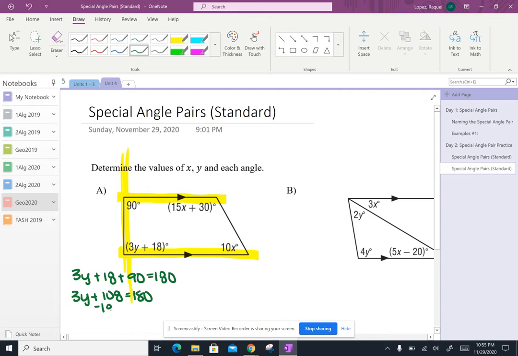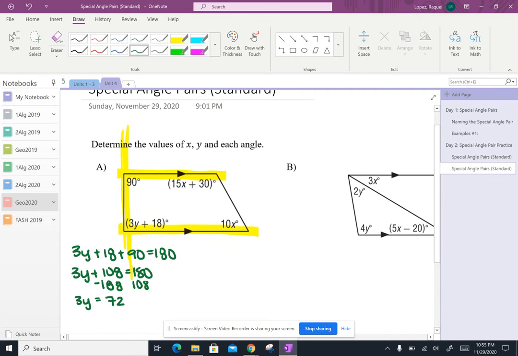Then to solve for y, I subtract 108 on both sides, and I get 3y equals 72. My last step is to divide by 3. So y in this diagram is equal to 24.